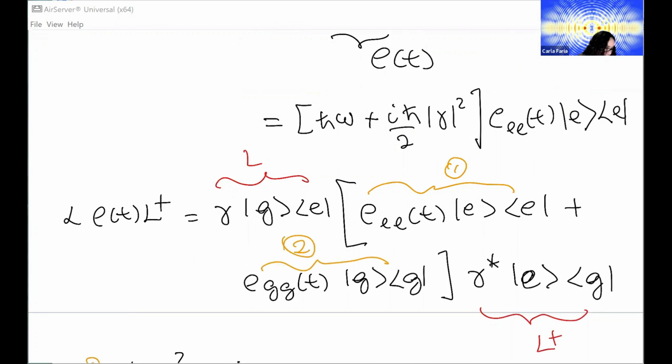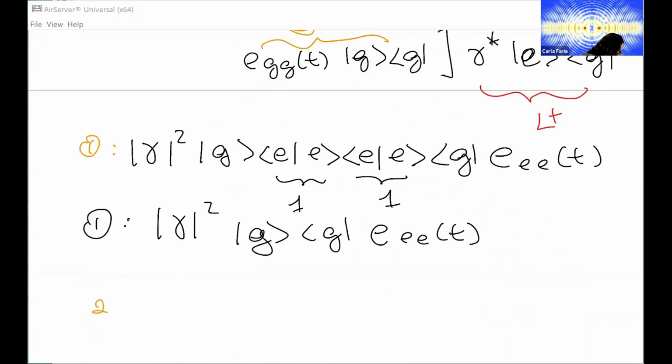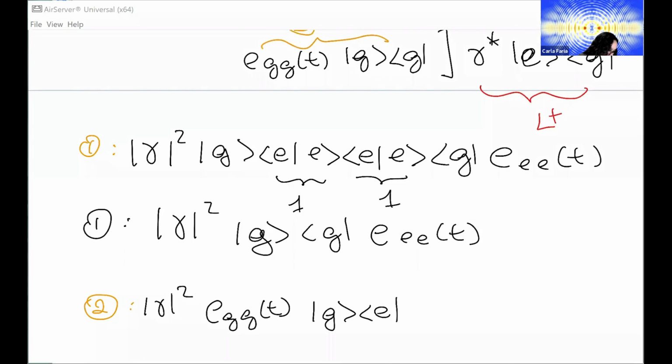And for 2, which I'm going to call 2, is this guy, which we want to compute, we are going to have also modulus square gamma, rho GGT, GE, which comes from L, and then you have G, G, E, G coming from L dagger. And these are orthogonal states.